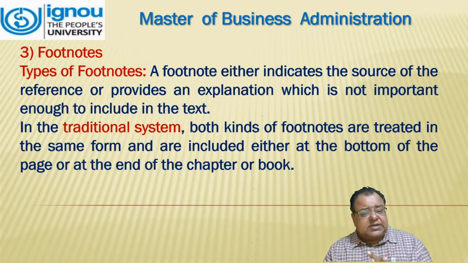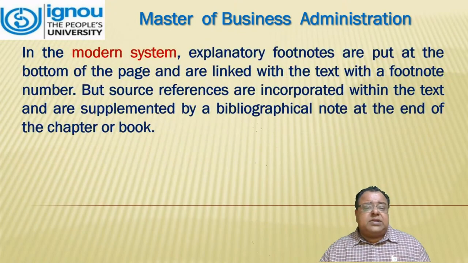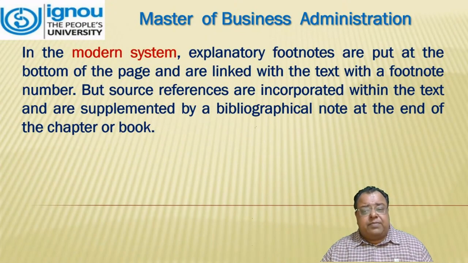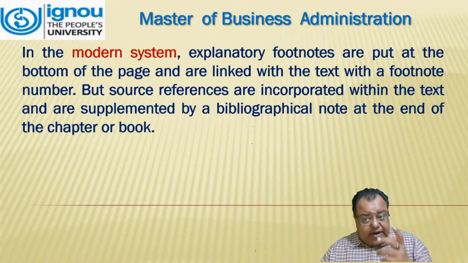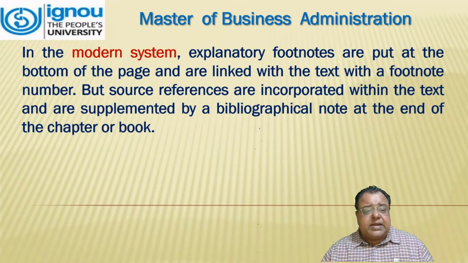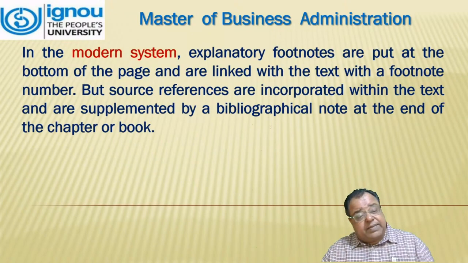In the traditional system, both kinds of footnotes are treated in the same form and are included either at the bottom of the page or at the end of the book or chapter. In the modern system, explanatory footnotes are put at the bottom of the page and are linked with the text with footnote numbers. But source references are incorporated within the text and are supplemented by a bibliographical note at the end of the chapter or book.